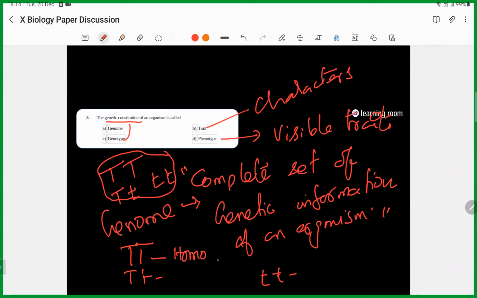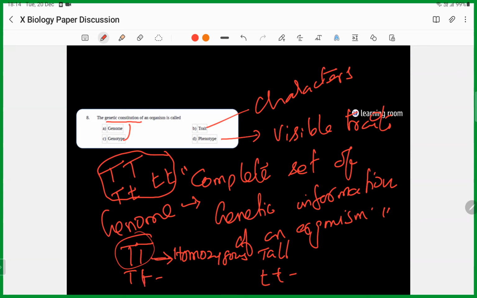Homozygous tall. Okay, this genotype should be described as homozygous tall. That's the phenotype.